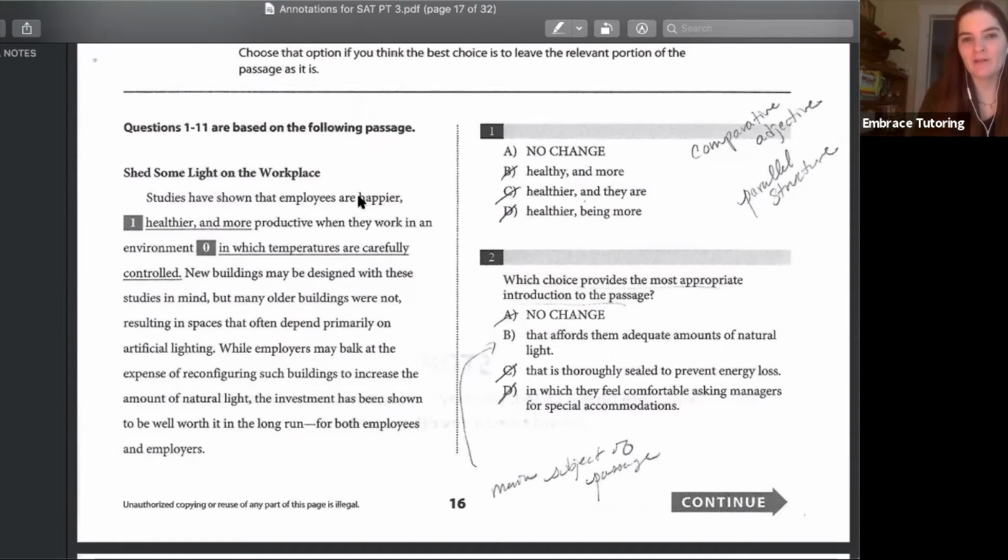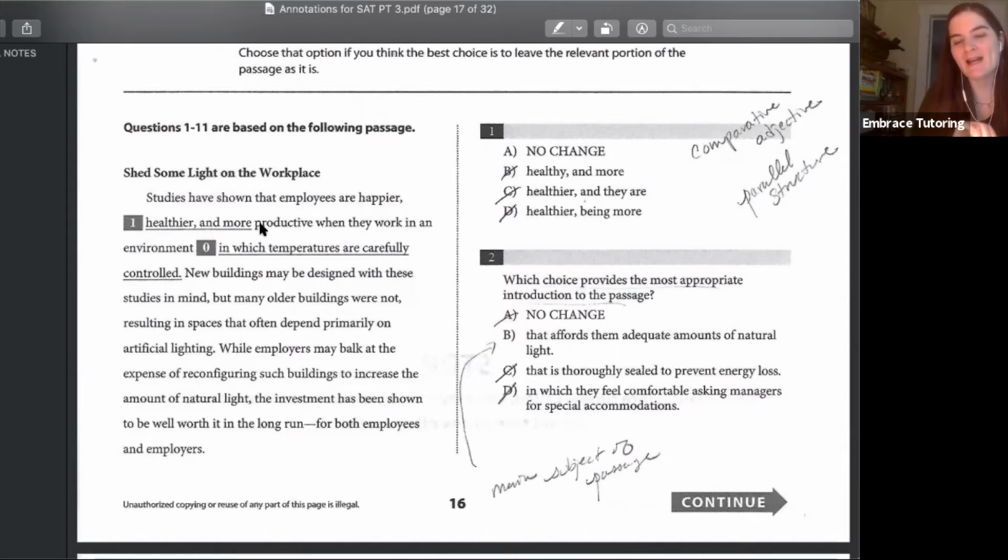They're listing adjectives here. So we're using commas in a series, right? With the comma followed by the conjunction, right? And that's in terms of punctuation, but we are also using adjectives. We're using comparative adjectives here.